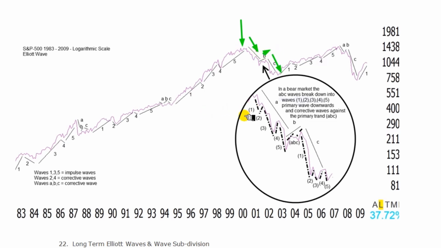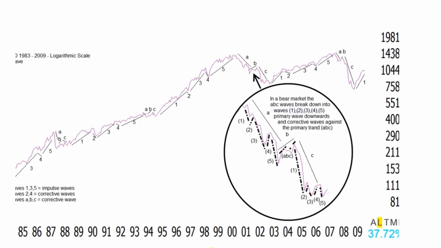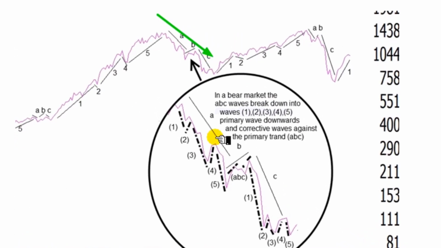And if we drilled into that, here you can see a zoom on this. As we zoom in on this corrective wave, on the grand scale it may be a corrective wave, but as we look in there we can see the primary impulses down.